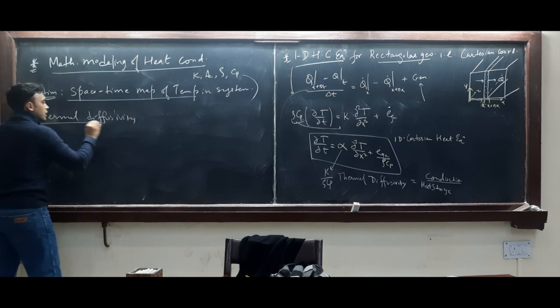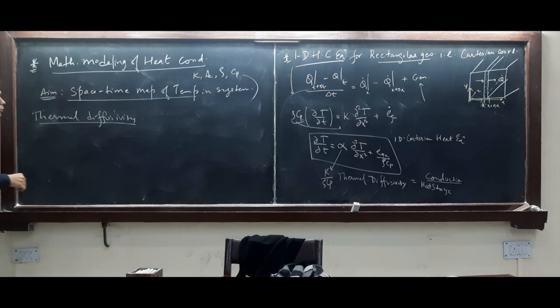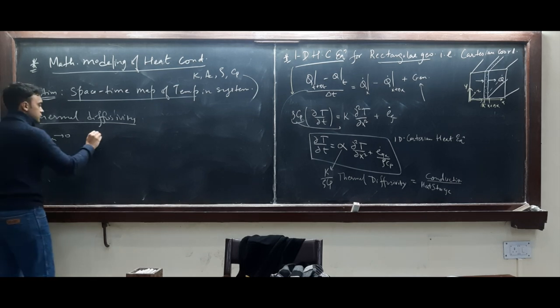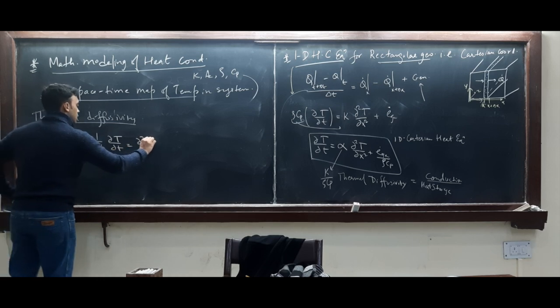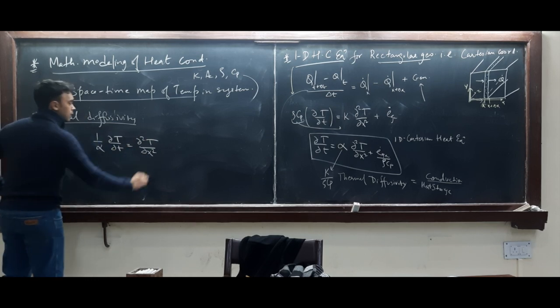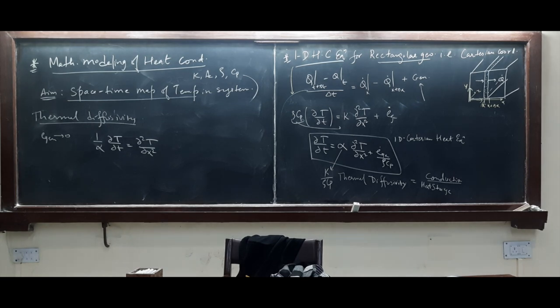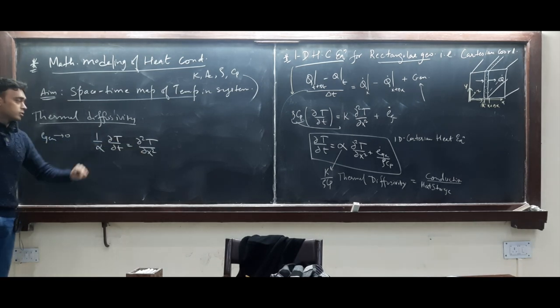I'm going to take your 1D heat equation and take the limit of E gen tending to 0, so there is no heat generation for this illustration. And can I write this then? 1 by alpha, dou T by dou t equals del square T by dou x square.